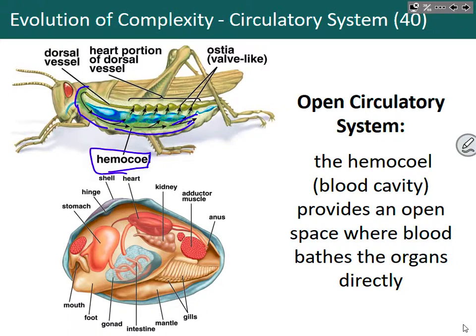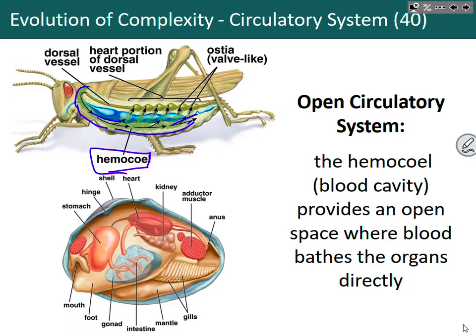And here we have in blue our digestive tract. That organ is just bathed in the hemolymph. And so the fluid is going to pass over it. Things move in and out through diffusion. Okay. And then materials can be returned back to the pumping section of the circulatory system. We have a similar situation down here in our bivalve.